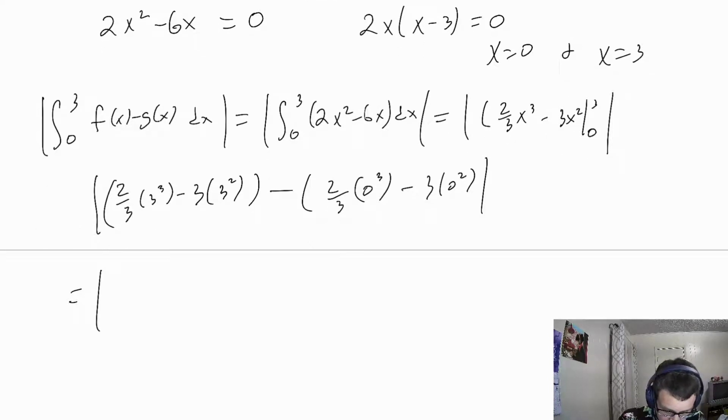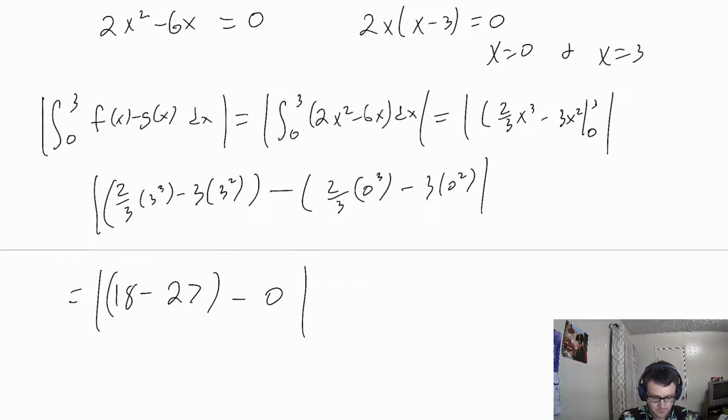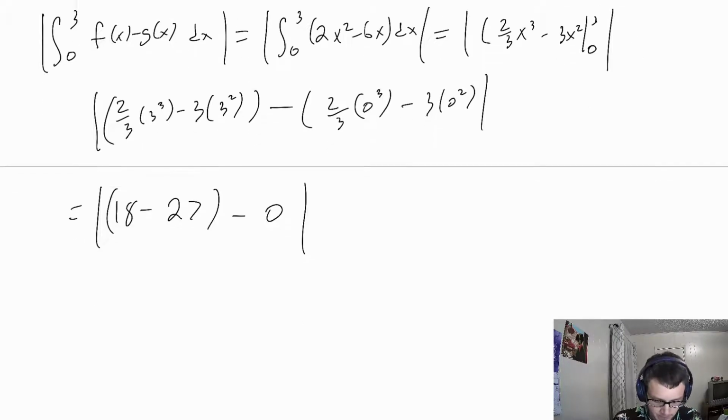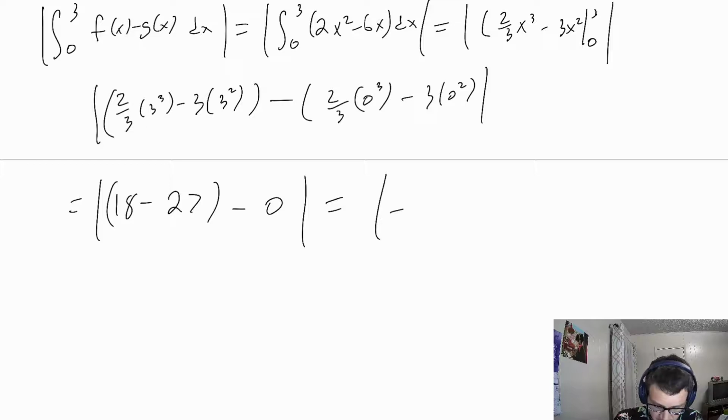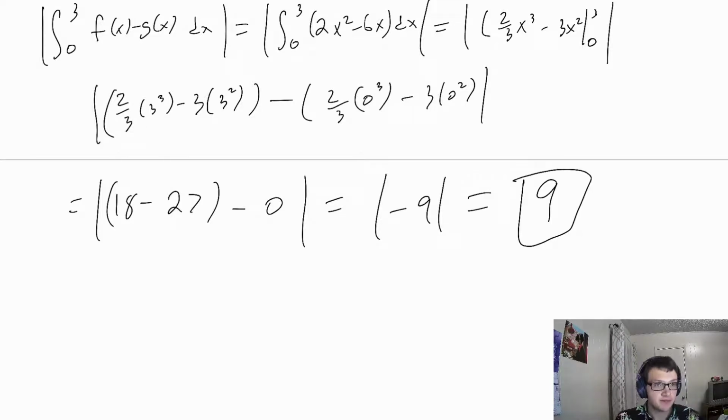And this gives us the absolute value of 18 minus 27 minus 0. This is the absolute value of -9, which gives you +9. So this is why the absolute values are important. Area bounded between curves is always positive.